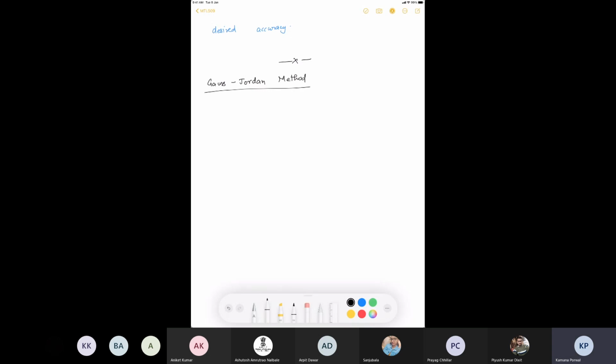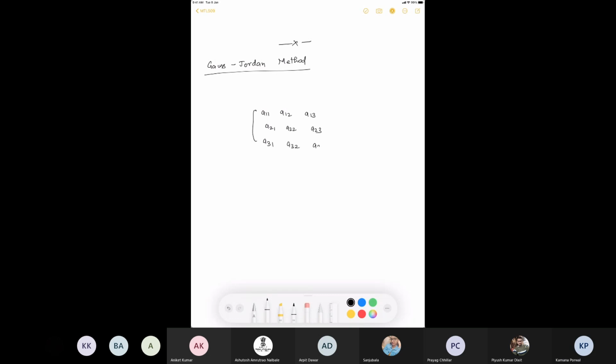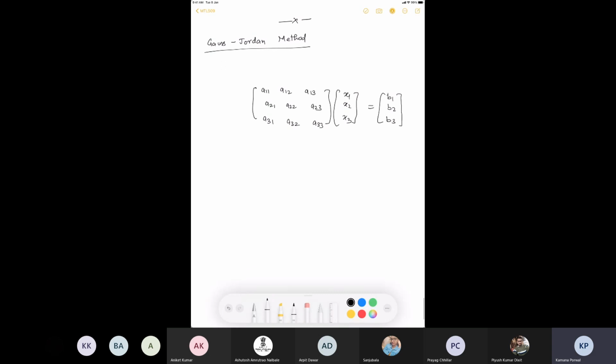If you see the Gauss elimination method, let me explain it by taking one example. Suppose we have a 3 by 3 system. What do we do in the Gauss elimination?